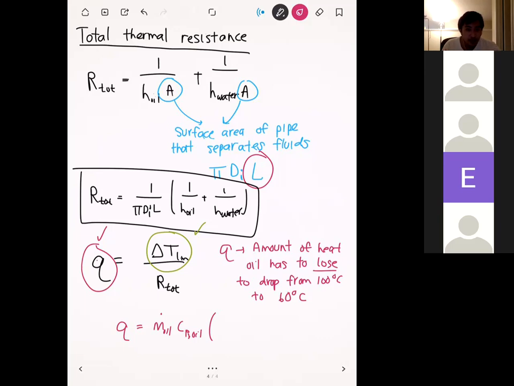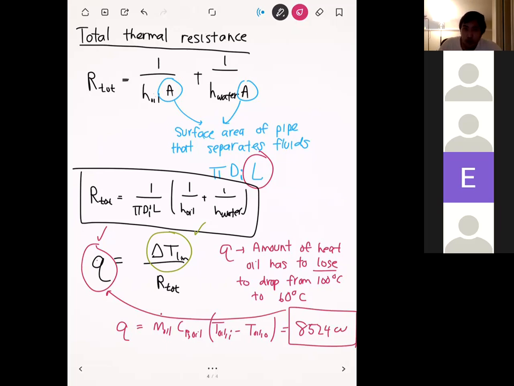And then we multiply by the temperature difference of the inlet and the outlet, which we know the inlet temperature has to be 100 and the outlet temperature has to be 60. Okay. And so if we plug in the numbers for that, then we get a Q value of 8,524 watts.